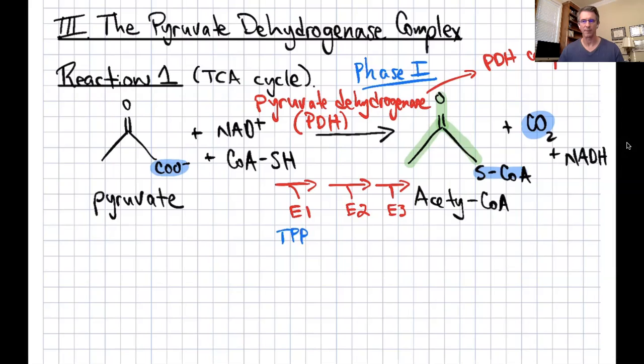Well, one's really sort of a substrate, but it requires this cofactor known as lipoamide, and then reduced CoA. The E3 enzyme requires reduced FAD and NAD plus. So there are essentially 5 cofactors for 3 different enzymes.